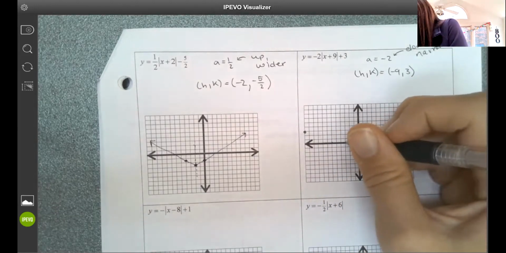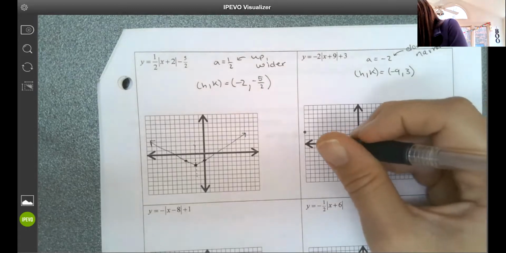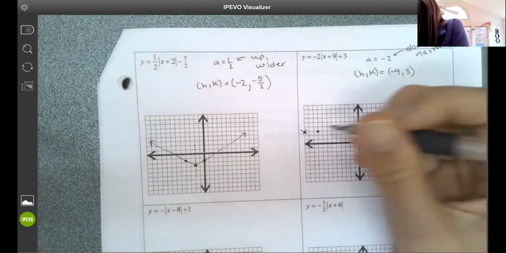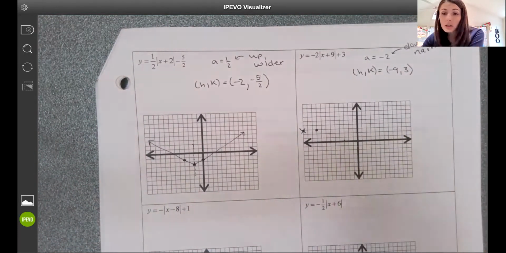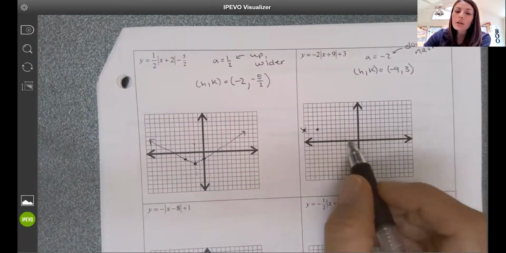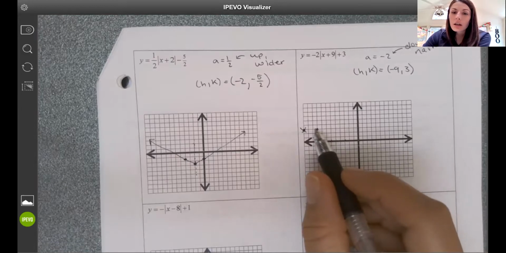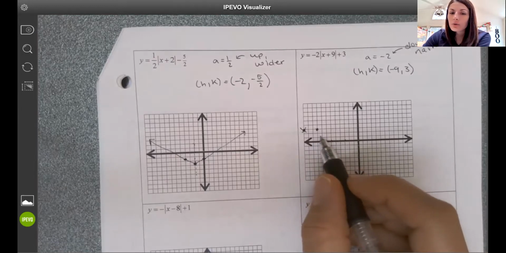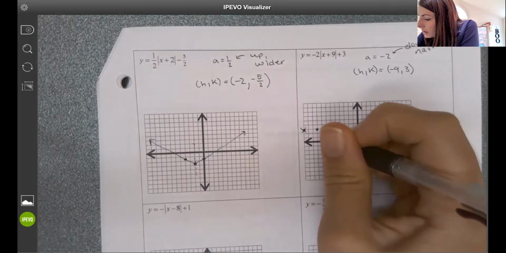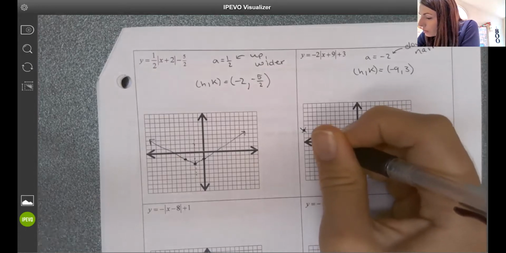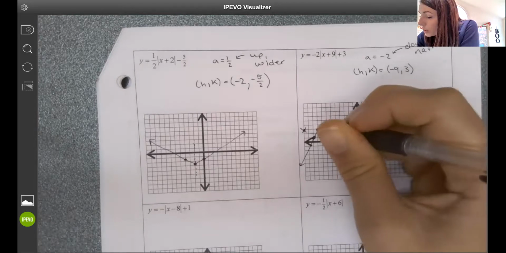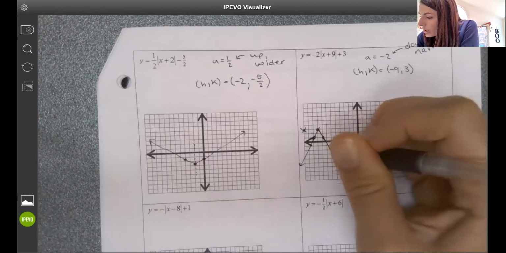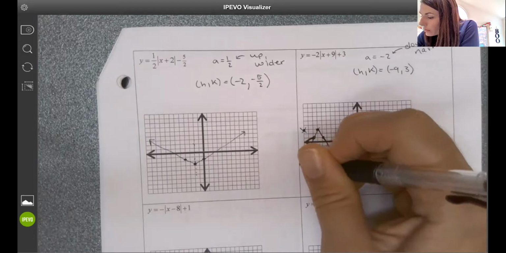Hold on. 1, 3, 6, 7, 8, 9. I should have been there. Sorry. Okay, so this goes +9 to -9. I made assumptions I shouldn't have made. -9, 3. Going down -2/1 to get my first point, using symmetry to get the third point. Draw that in. So just like a line, I need 2 points to draw a line. I need 3 points to draw this absolute value equation on my graph.